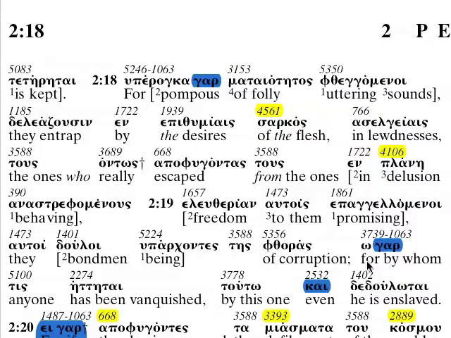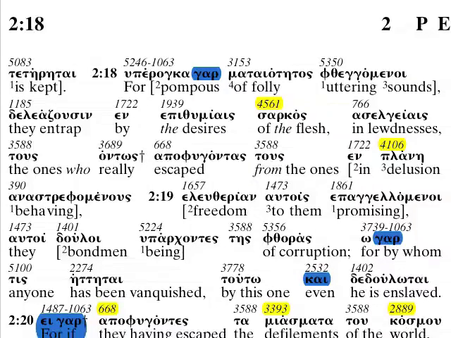For by whom anyone has been vanquished, by this one even he is enslaved. So a person can think that they have been freed, but if they are in the corruption, then they're actually back into enslaving again. So this whole thing is interesting and about escaping, and if you are vanquished again, you're enslaved.